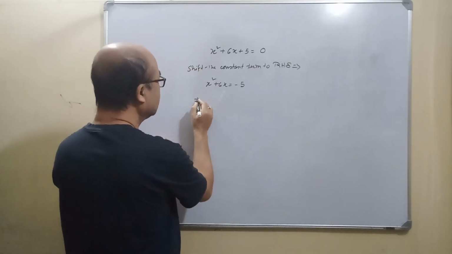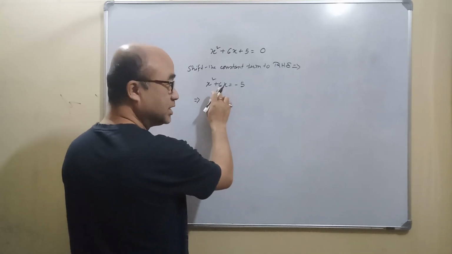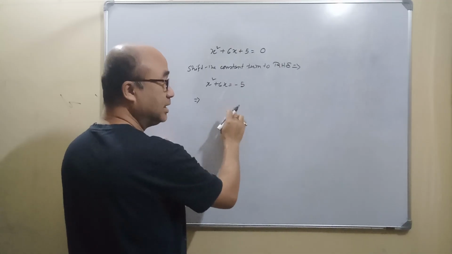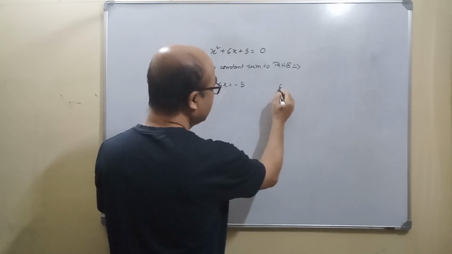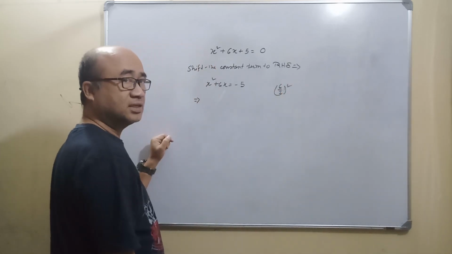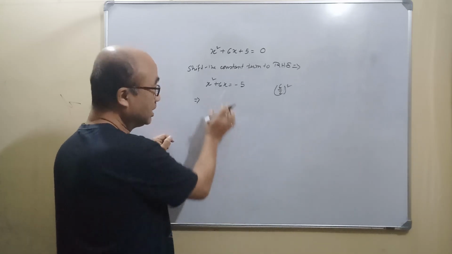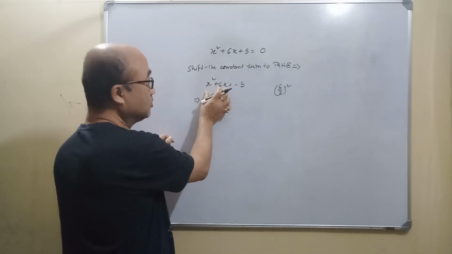Do you remember what I said, how to complete the square? We take the coefficient of x divided by 2 and then square. That is the term we have to add to the left hand side to make it a complete square.